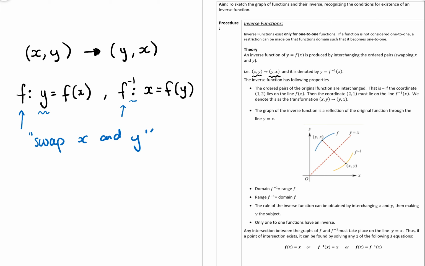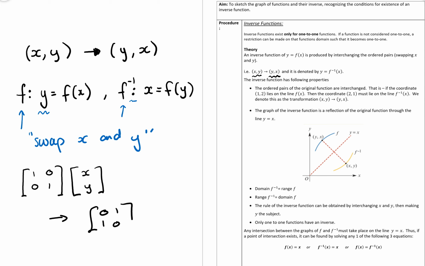Now the final way we might consider this is through a matrix transform. Usually we would have our dilation matrix looking something like [1, 0; 0, 1], and we would multiply that by (x, y). Well, the way to represent that it is an inverse transformation, or find the inverse function as a transformation, is to say [0, 1; 1, 0]. Now let's imagine, what does that do?